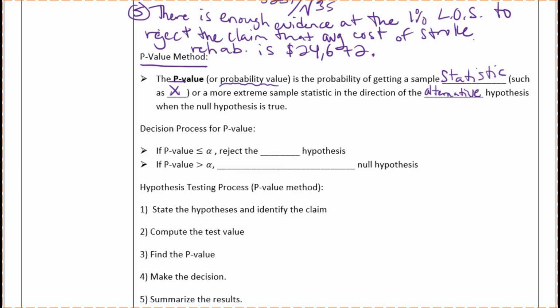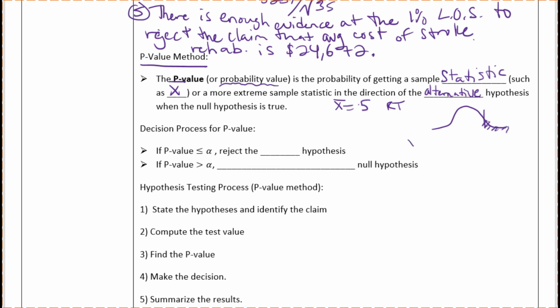So for example, if I get an x bar of 5 and I'm doing a right-tailed test, then the p-value is simply the probability of getting a value of 5 for my x bar, or greater than, which is more extreme.